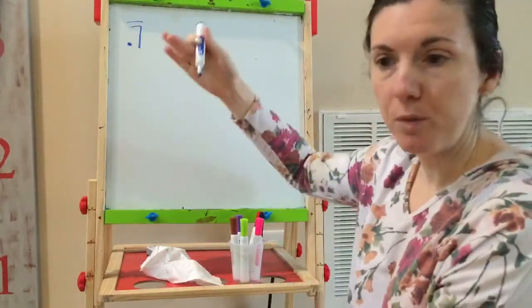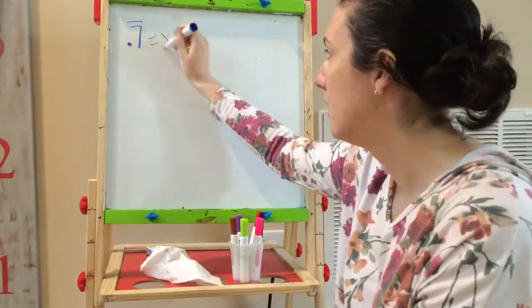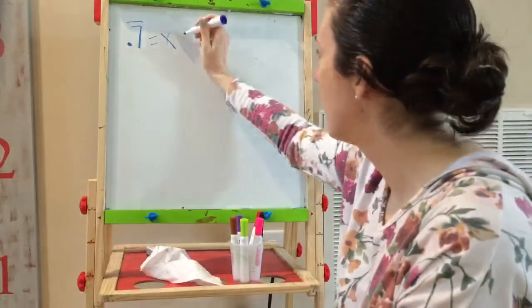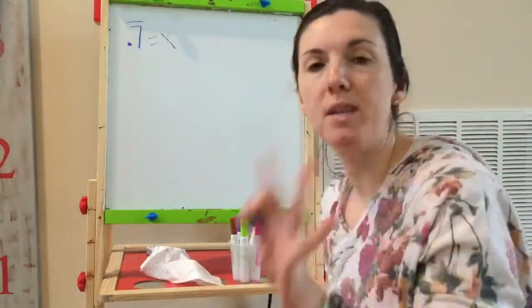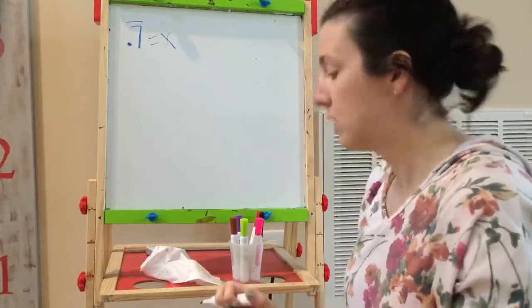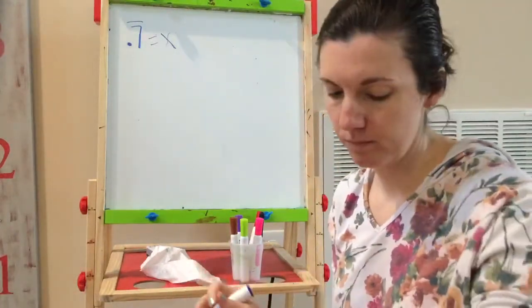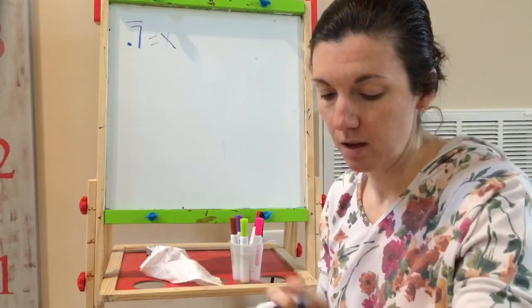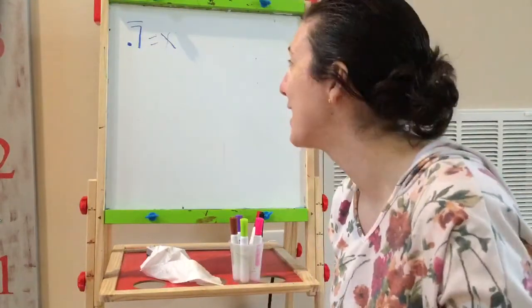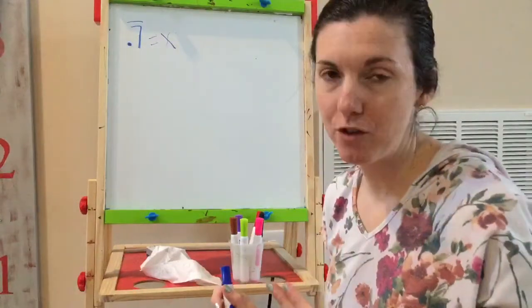And so what you would do is you would say that this is equal to x. And remember that 0.7 repeating is just 0.777777777. And so your goal is to get whole numbers. And so you want to create something that has the same digits repeating after the decimal.